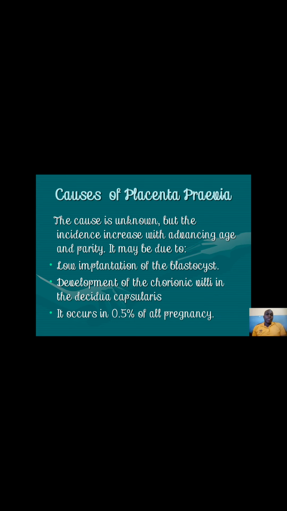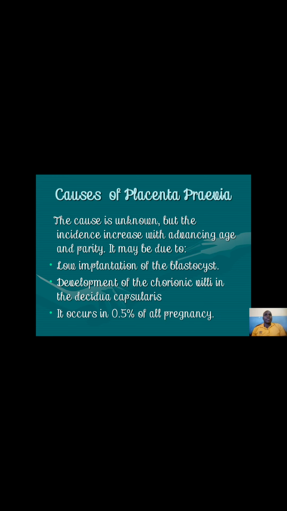But also development of the chorionic villi in the decidua capsularis. Ile chorionic villi zina develop in the decidua capsularis, ambazo decidua it is a part of the uterus, ambazo zina contain blood vessels ambazo zinasaidia katika circulation. Kwa unakuta ina develop deep kwenye decidua capsularis.